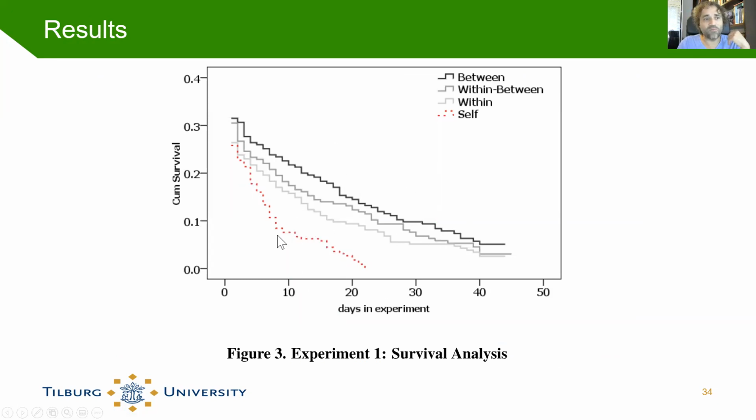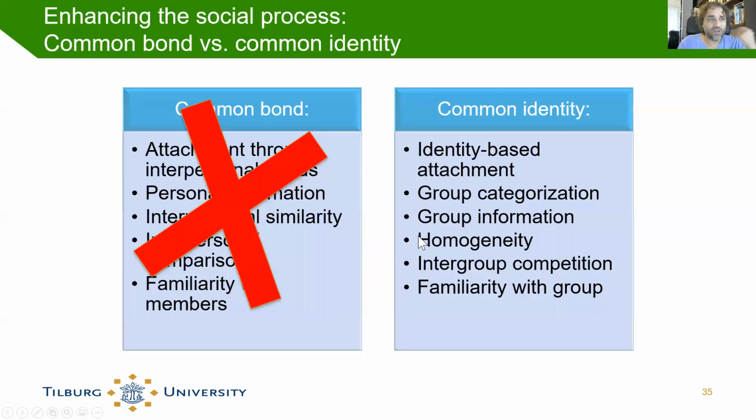So this is how long people play the game. What is quite interesting is that both ways of stimulating group participation work. So both interpersonal attachments, so liking each other, work as liking the group. But in networks of practice, so in those larger communities where you don't know each other personally, common identity works best. So it's best to stimulate a common identity.